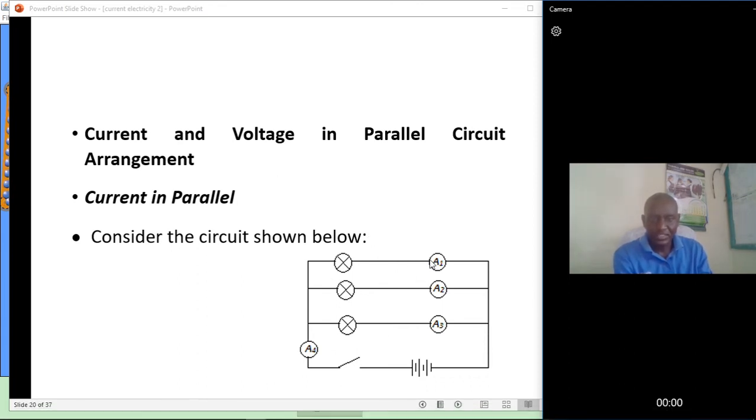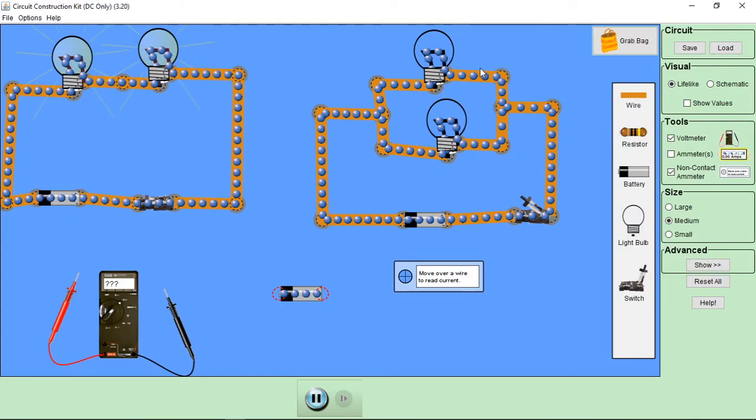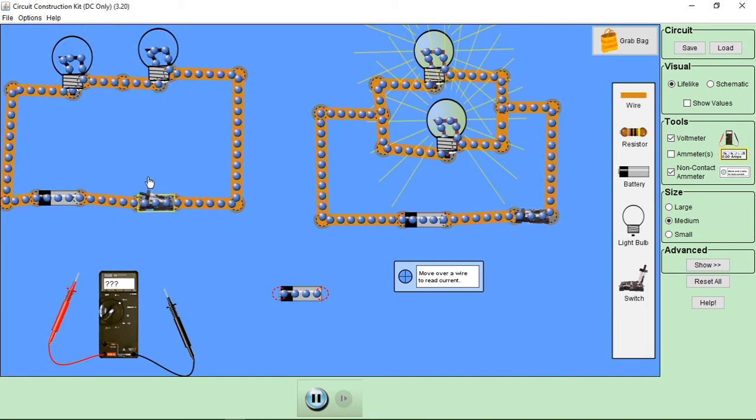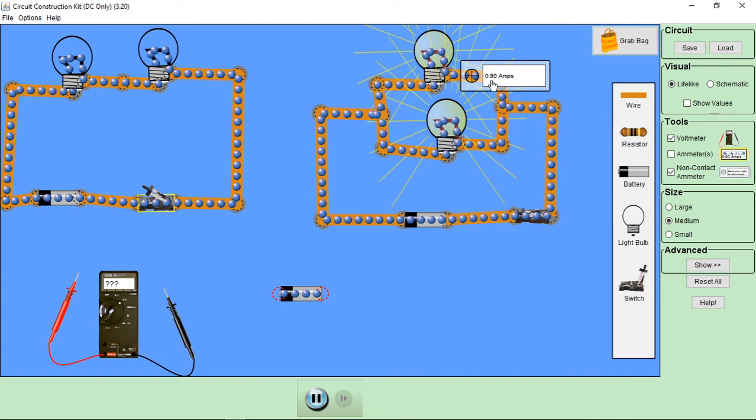We have always said the ammeter is connected in series, but these bulbs are in parallel. So we come to the setup here. This one is in parallel, this one is in parallel. Let's take the ammeter and switch it on. Switch this one off, then take the ammeter here. It will read 0.9 amperes.